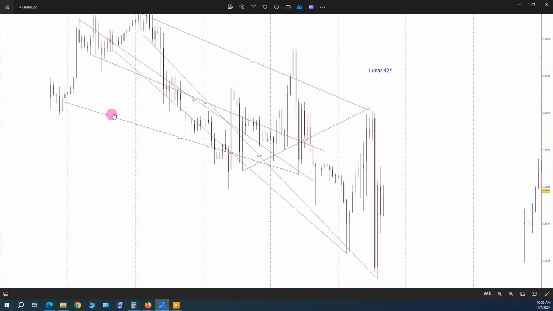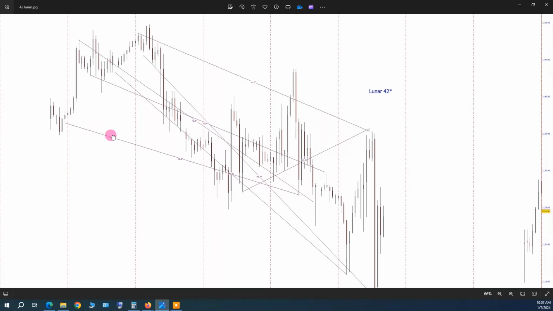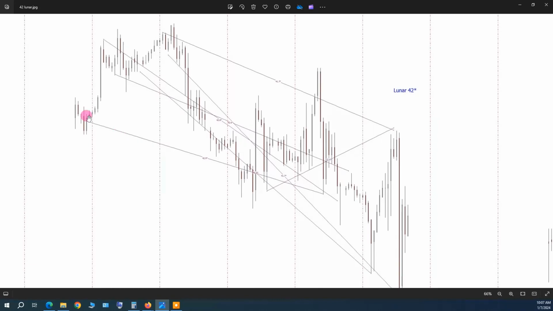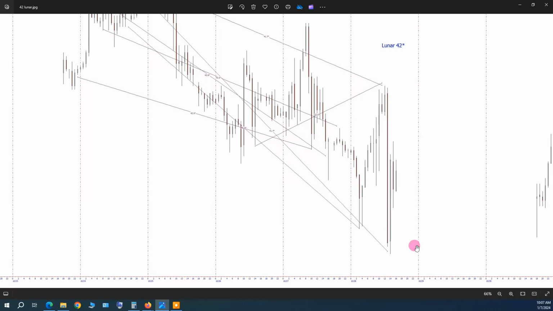You see the price level on the right at the 2115 to 2150 area. Picking these from various highs and lows and projecting forward gives you some good pivot points on the hourly chart. That is the 42-degree lunar move.